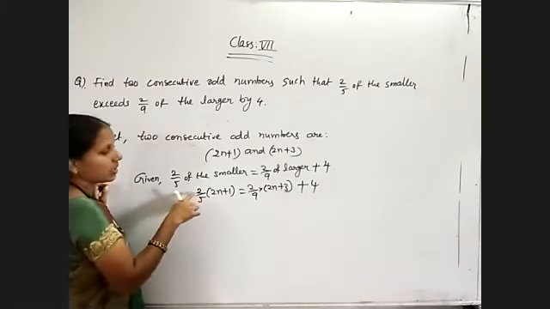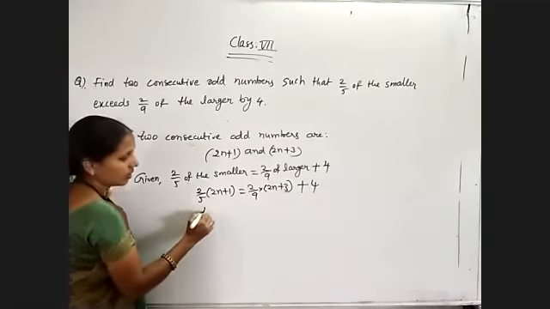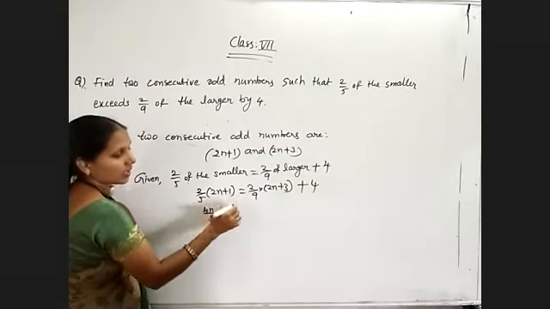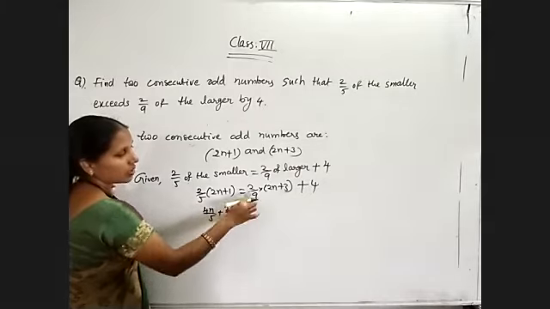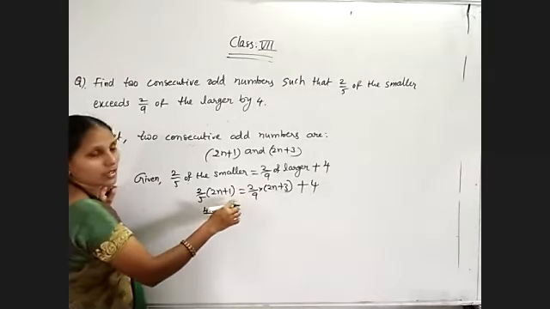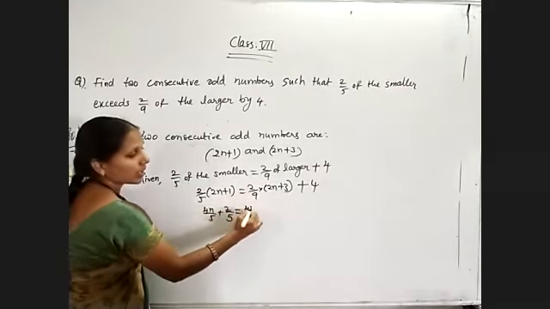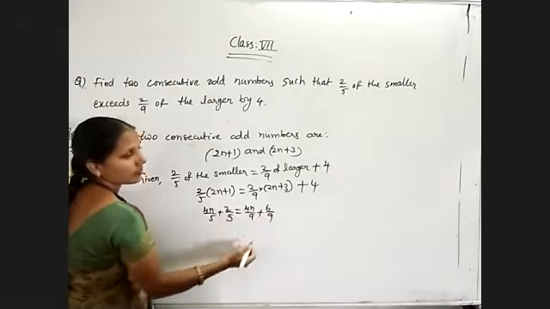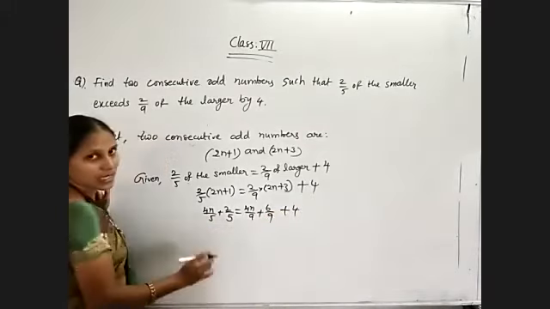simplify these terms. 2 into 2 is 4, 4n by 5 plus 2 by 5 into 1 is 2 by 5, is equal to, remove the brackets first of all, 2 2s are 4, 4n by 9 plus 2 3s are 6 by 9 plus 4. So keep constants aside.